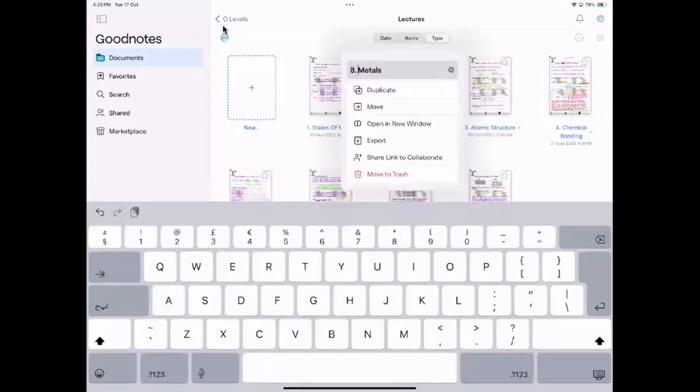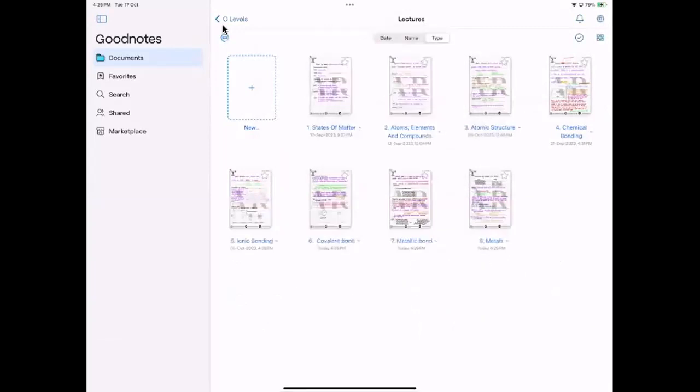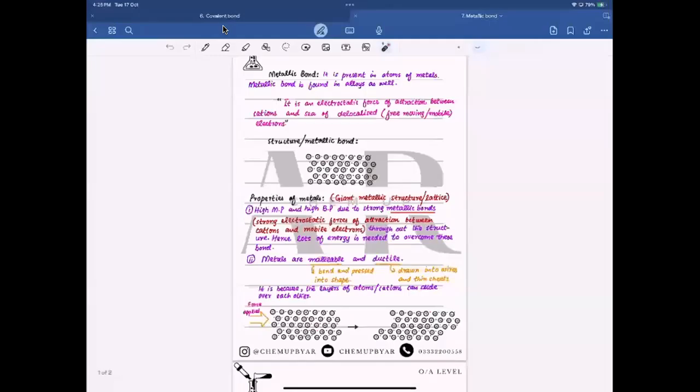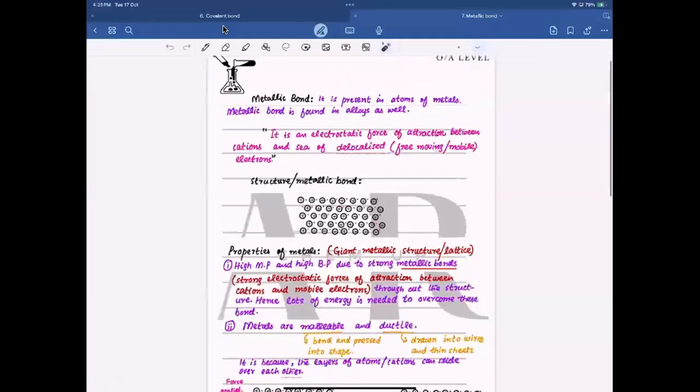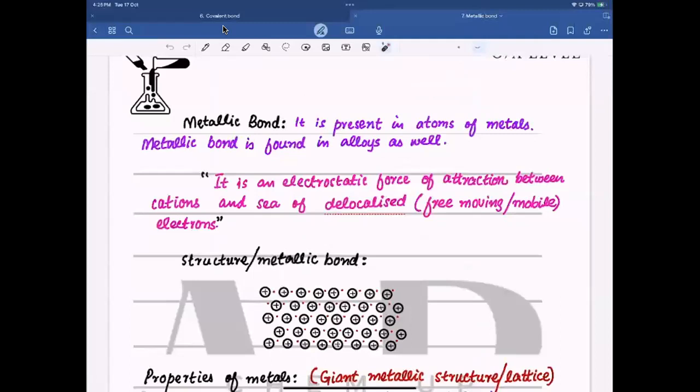So you have to know this difference. Metals conduct electricity in solid, due to the movement of electrons, and ionic compounds conduct electricity when they are either molten or aqueous, due to the movement of ions.